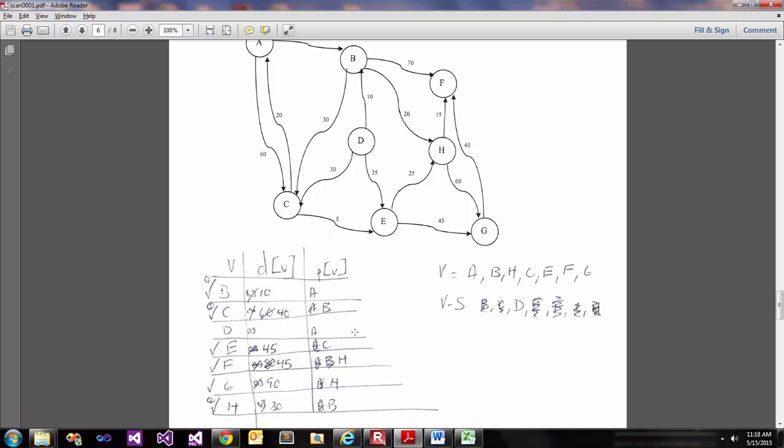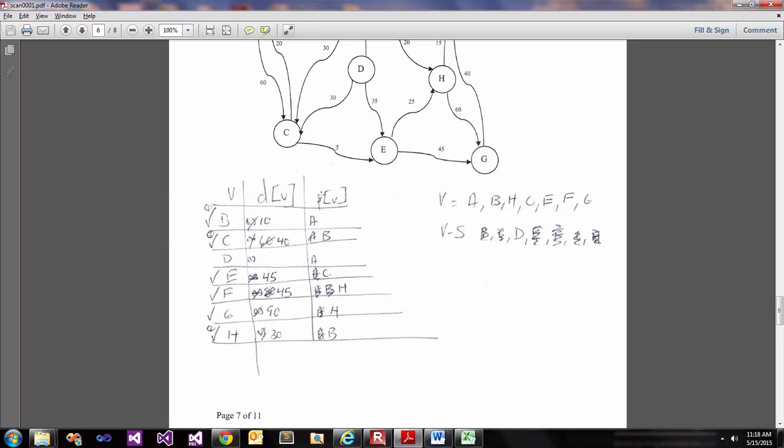G only goes up to F. F is already in our set V, so we don't need to worry about it, and we are now done with G, which gets added to V. We're still left with D, but nothing goes to D, so our visited set is A, B, H, C, E, F, and G, and our VS still has D, but there's nothing that goes to it.